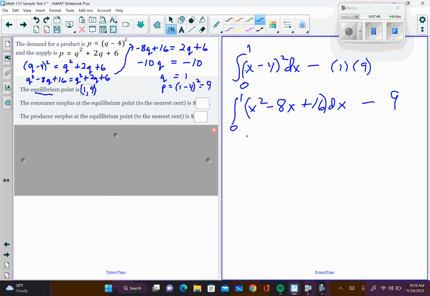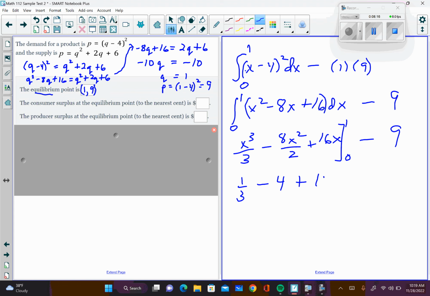The integral of x squared dx is x cubed over 3 minus 8. The integral of x dx is x squared over 2 plus 16. The integral of dx is just x, 0 to 1. All the x's get replaced with 1s. So we have 1 to the third over 3 minus 8 over 2, which is 4, times 1 squared plus 16 times 1.